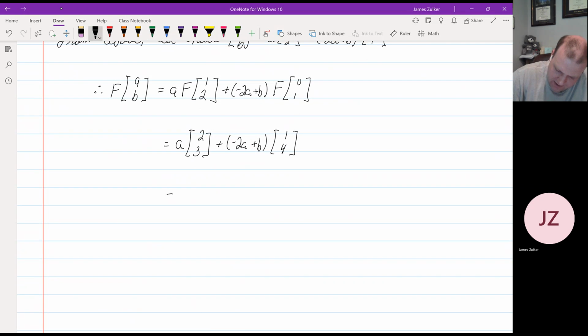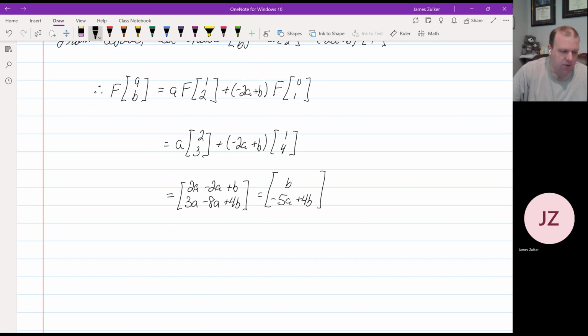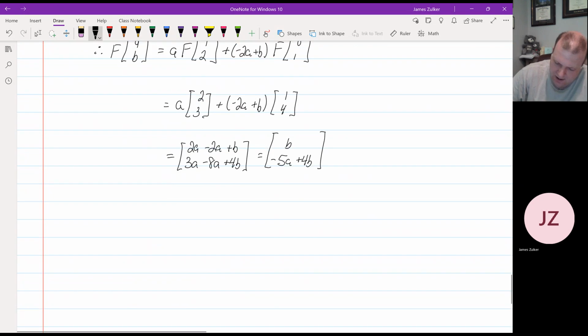Right, so what we can do now is combine these. So we get 2A minus 2A plus B, and then we get 3A minus 8A plus 4B, which is equal to (B, negative 5A plus 4B). And so there is our f.